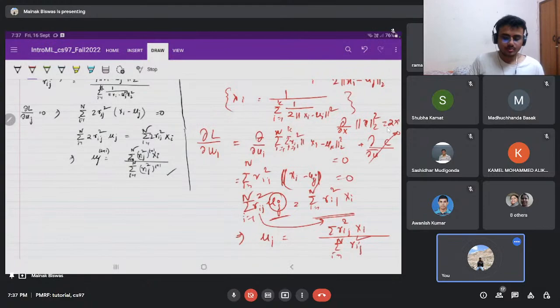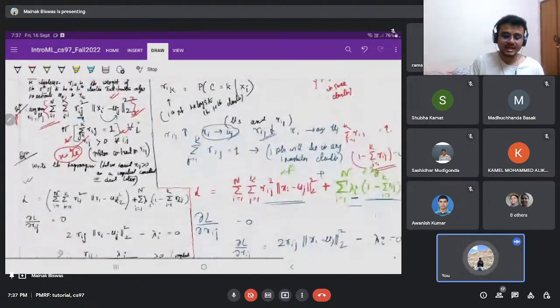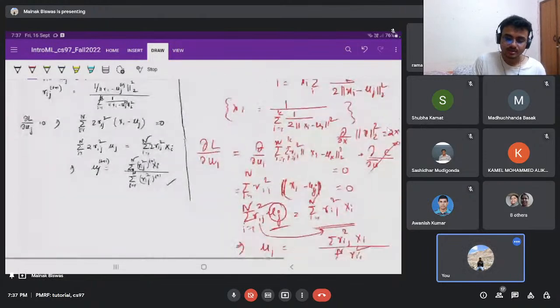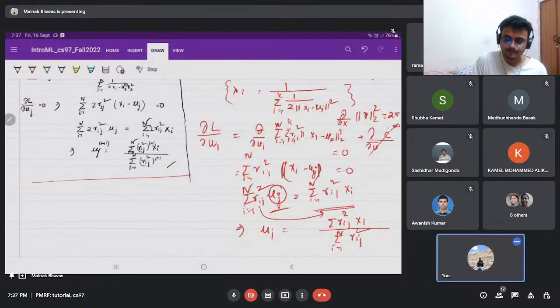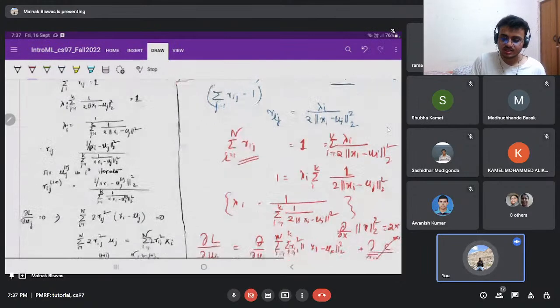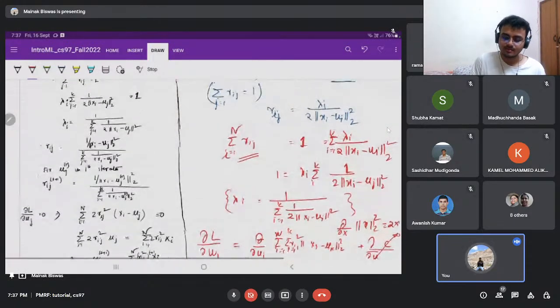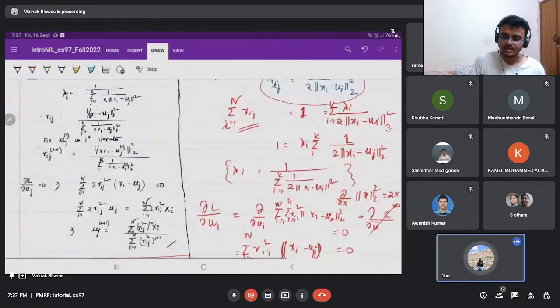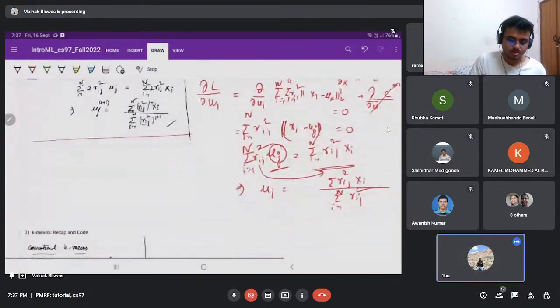So why did I do this rigorous math? To show you this iterative algorithm that k-means also does. You see there are two equations here. You first find the Rij's. Can anyone tell me what they are? They are lambda i's by this. Lambda i we have already seen is 1 by this term.